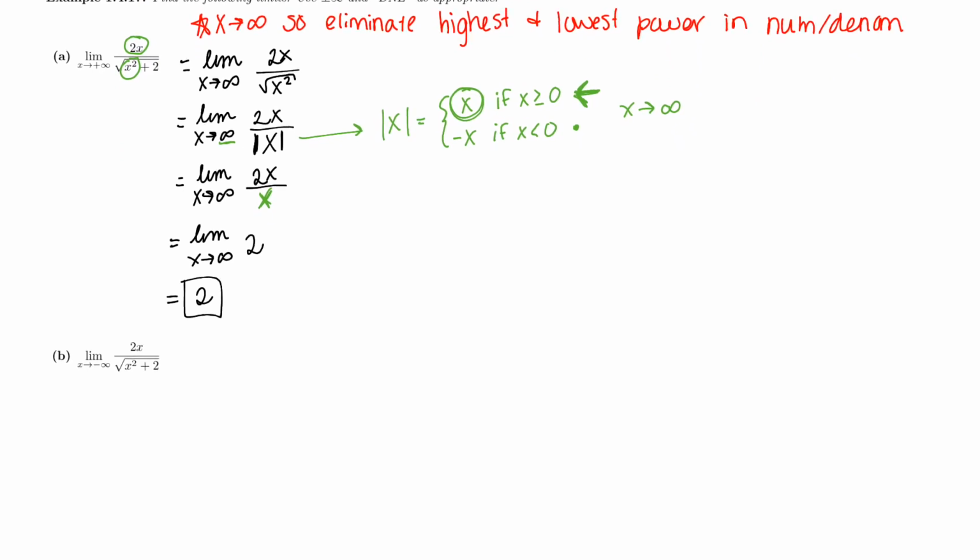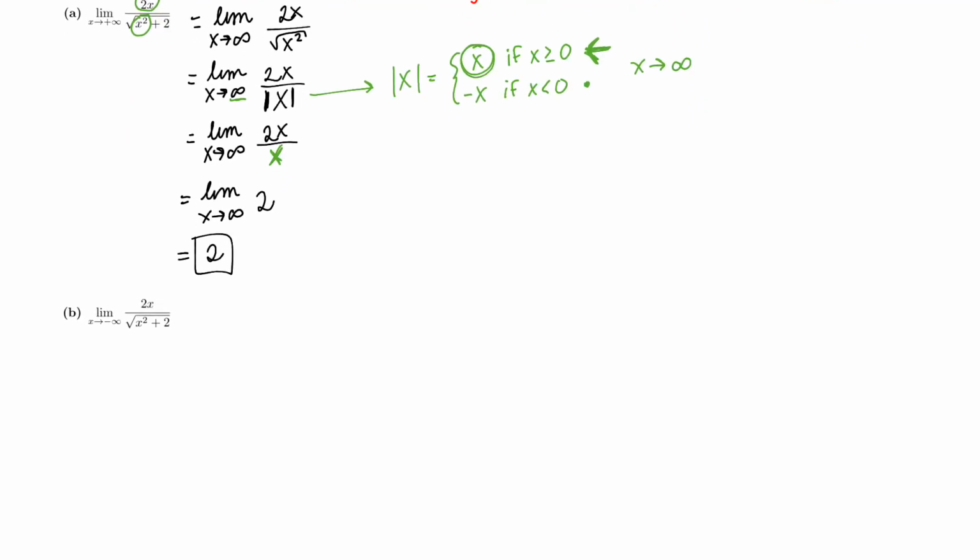Now, on the other hand, if we look at this bottom example, same function, but we're going to negative infinity instead, our process will look similar. We're going to an infinity, so we can keep the highest power on top and the highest power on bottom. So we have the limit as x goes to negative infinity of 2x over the square root of x squared. Once again, we will replace the square root of x squared with the absolute value of x.